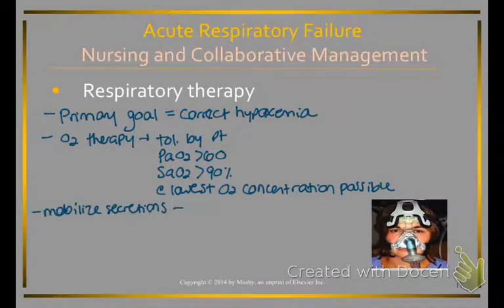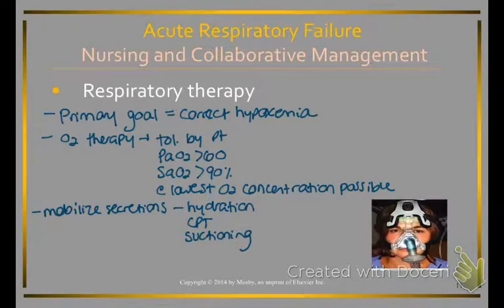Respiratory, we also want to mobilize any secretions. If this is a hypoxemic issue, because they've got some kind of shunting going on or some kind of increased secretions, hydration, right? The more water they intake, IV fluids we give them, the thinner those secretions are going to be. CPT, everybody remember CPT? The chest physiotherapy where they bang on the chest. That helps loosen the secretions so a patient can cough them out.